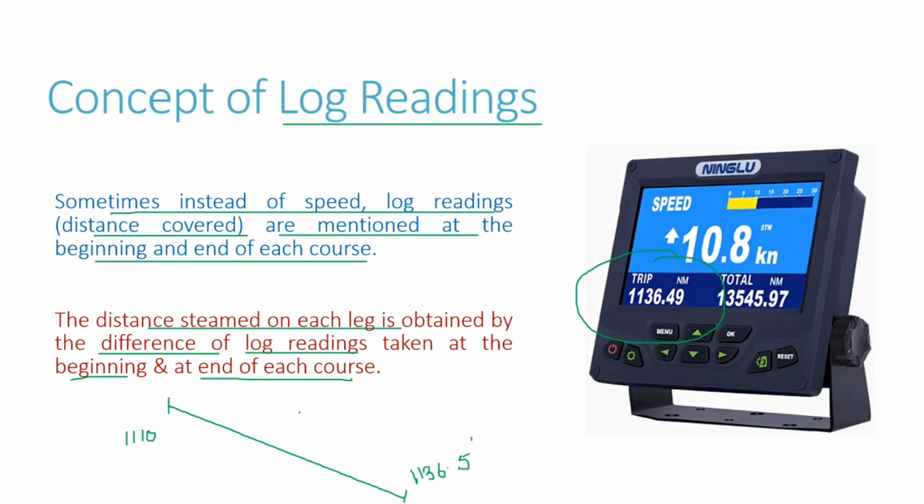Okay, so what will be the distance covered on this leg, beta? 26.5. Very good. The distance covered would be 26.5. So sometimes we are provided with log readings. This is how we find out the distance steamed on particular legs.